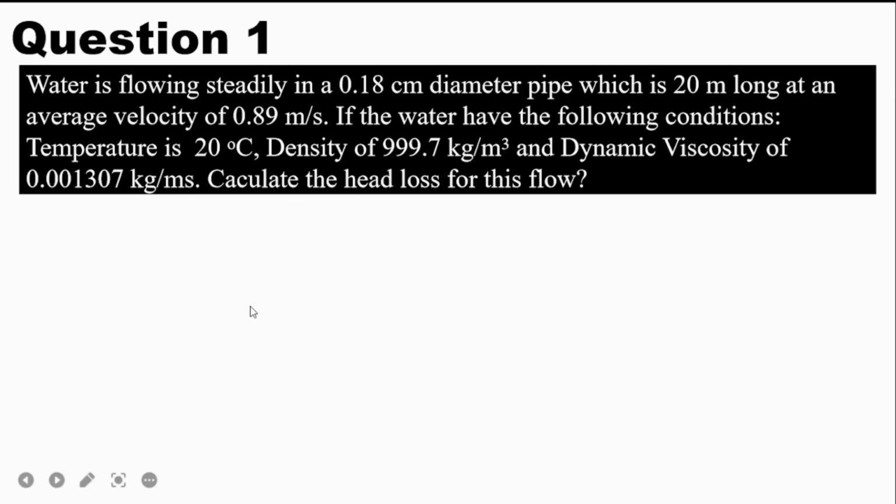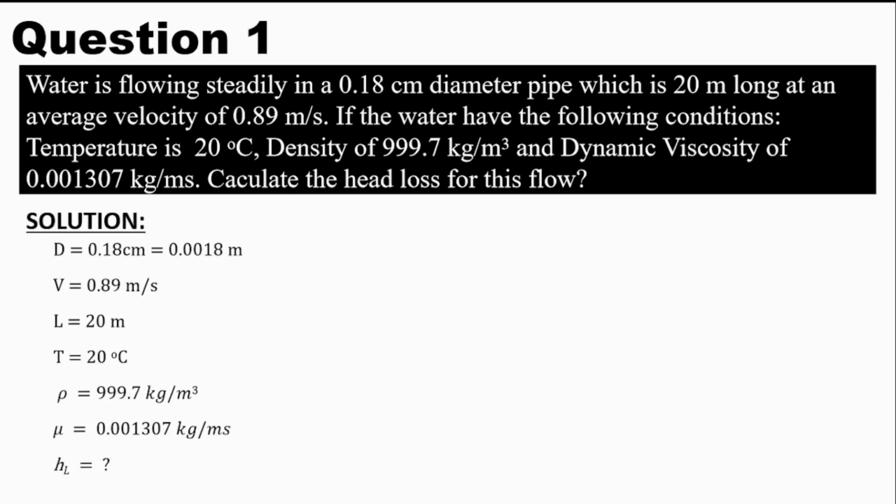So the first step we do is to write out the given data. So right here is my given data. Now the D is the diameter, which is in centimeters. So I convert to meters by dividing 0.18 by 100. That gives us 0.0018. The V there is the velocity of the flow.